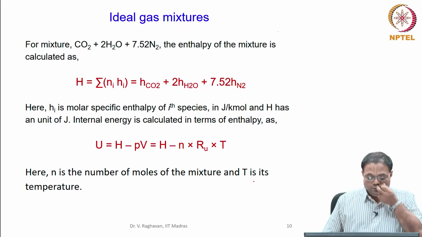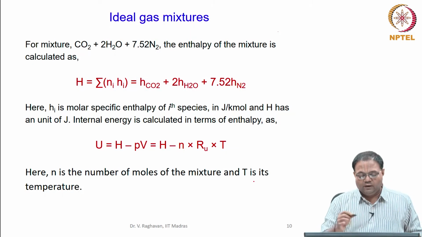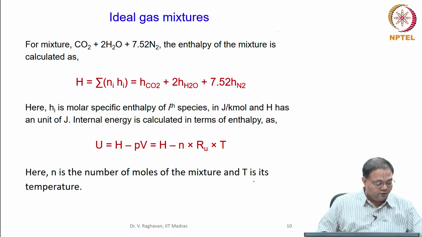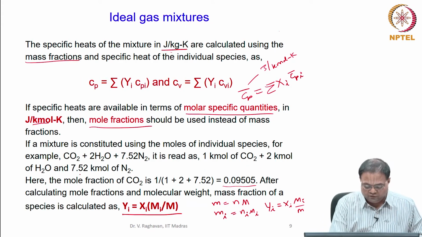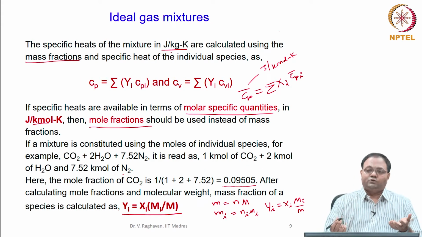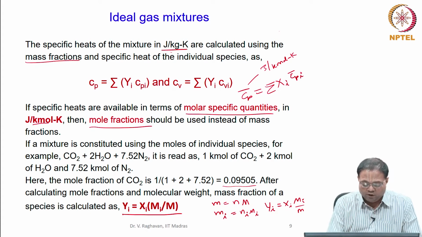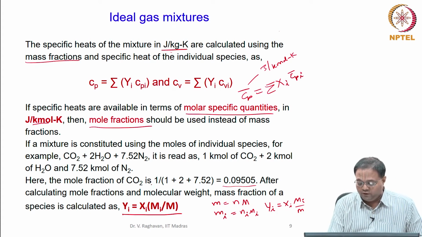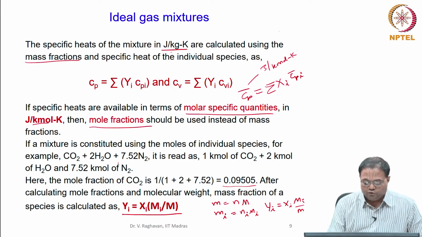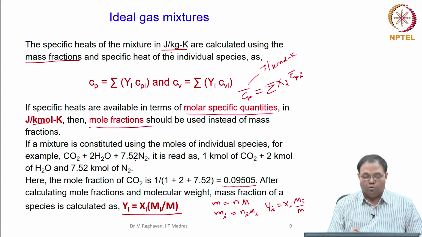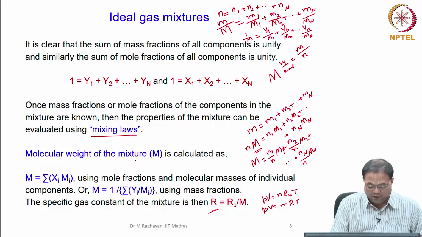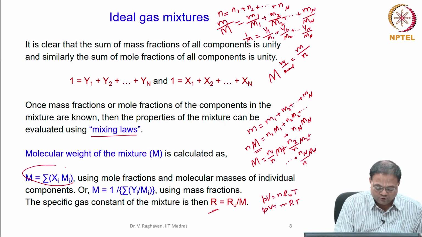Now, for this mixture, let us calculate the enthalpy of the mixture. For this mixture, you can calculate the mole fraction of each component like this. Once the mole fractions are known, how will you calculate the molecular weight? You calculate the mole fraction of CO2, H2O and N2, then go back and use this equation, since the mole fractions are known.